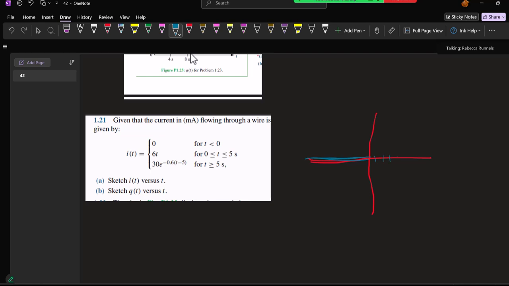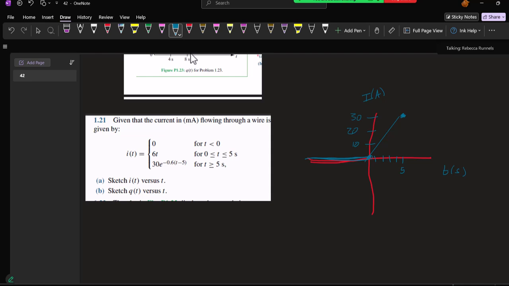So it's a straight line, and all I need to do is find 2 points to be able to graph it. When t is 0, I is 0, so I've got that point. And when t is 5, I is 30, so I'll go by tens, 10, 20, 30, and label this I in amps and t in seconds. So at 5 seconds, I have 30 amps, and that's a straight line.